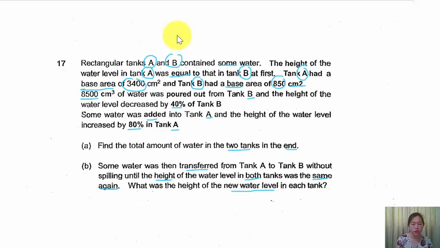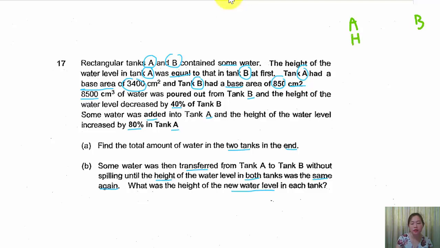To do this question, it is important to come up with a table, because the table will help you to be able to follow what the question is doing. So let's try. So we have tank A and tank B. So the height is the same.